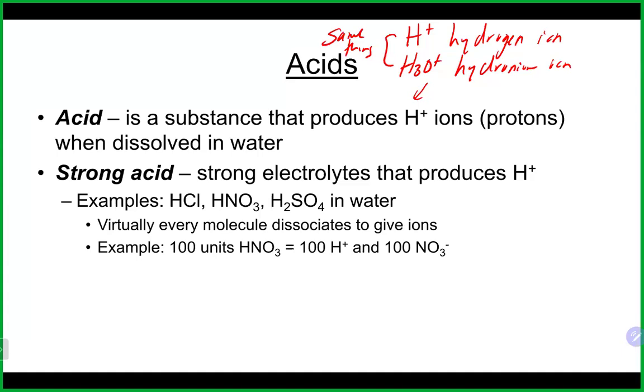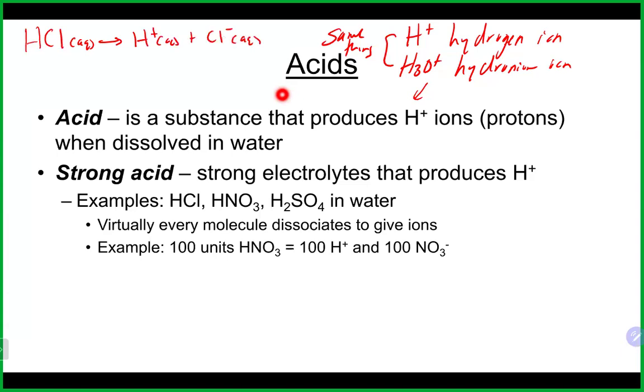The reason why you might get one over the other has to do with whether or not you include water in your reaction. So for example, this is hydrochloric acid, which is a strong acid and a strong electrolyte. And because it's a strong acid and electrolyte, when you have hydrochloric acid, it will 100% break apart into H plus and Cl minus.